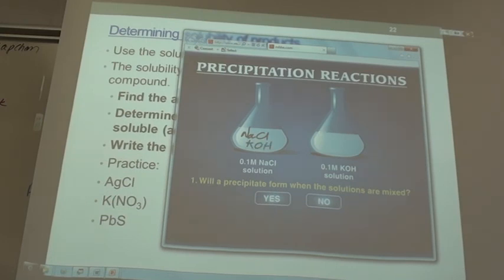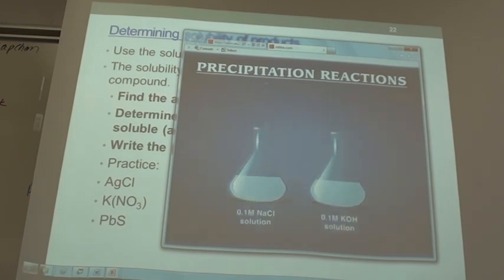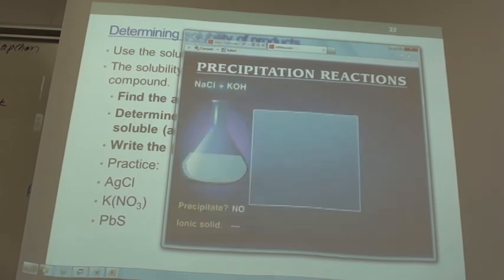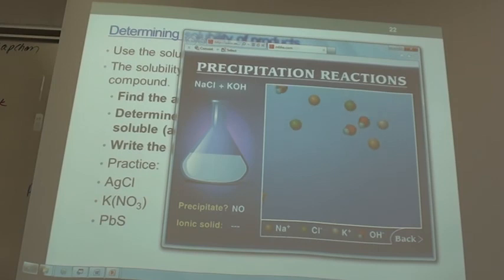So these trade places, we have KCl and NaOH. Will a precipitate form? Nope, just ions hanging around.